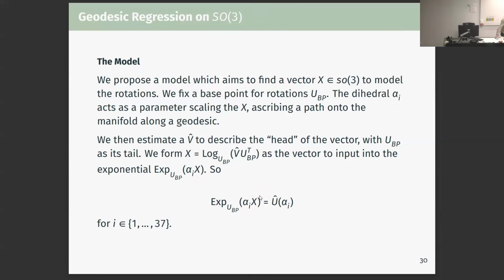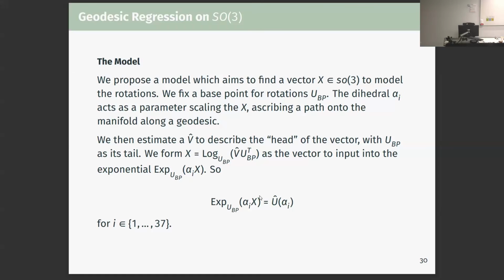So here's the model. We want to find a vector such that when we scale it and then exponentiate it, we get a bunch of rotation matrices which are close to our rotation matrices obtained by eigendecomposing the hyperfine tensors A. So we accounted for the eigenvalues, that was the sinusoidal bit.